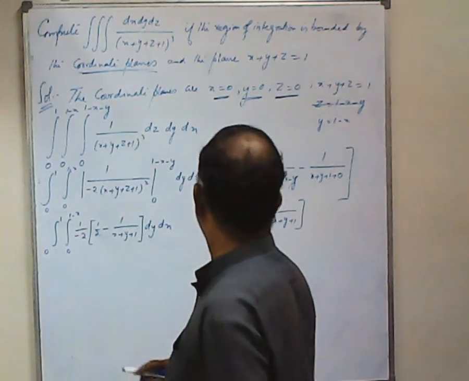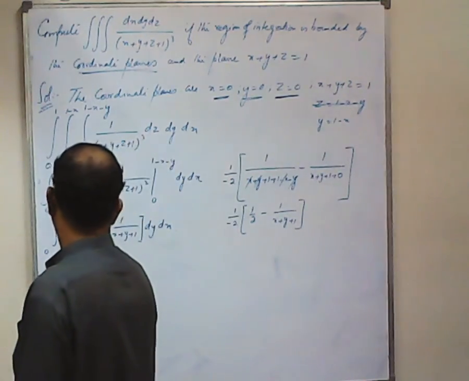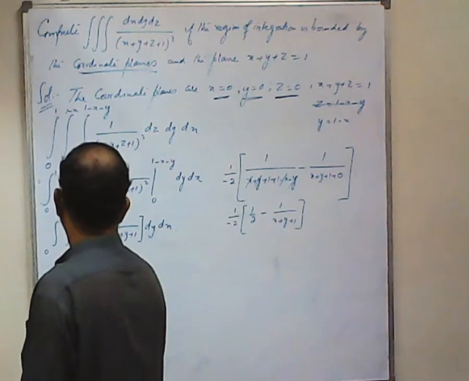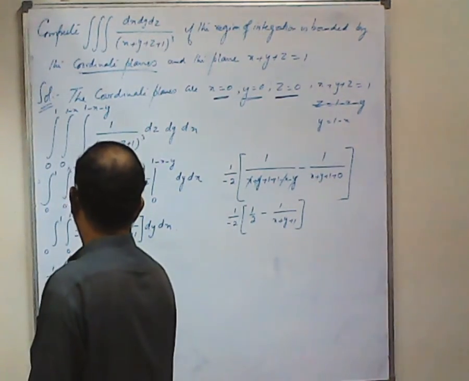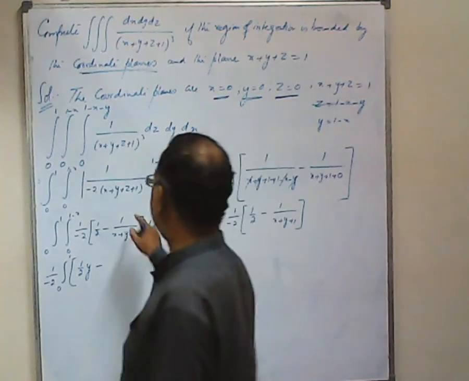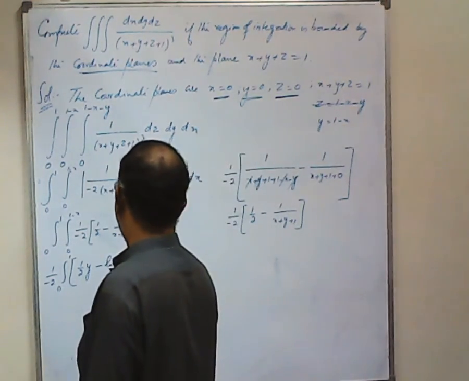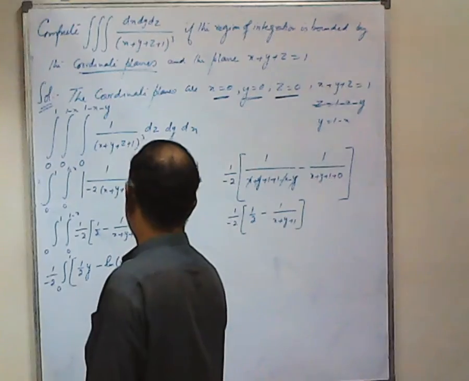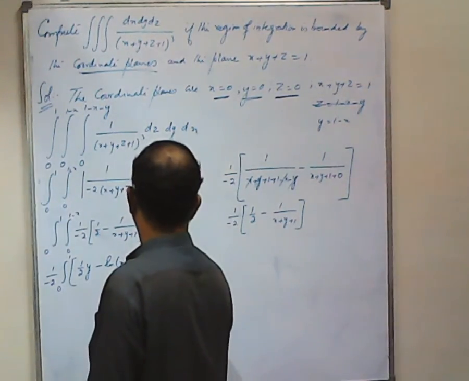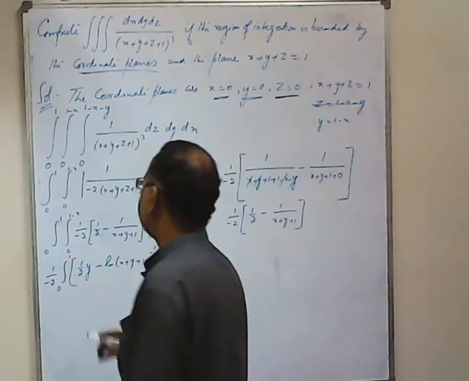So now integrating with respect to y, I am writing 1 upon minus 2 here, this is 0 to 1, so 1 upon 2y minus, the derivative of y is 1 there, so minus log of x plus y plus 1, and limits are 0 to 1 minus x dx.